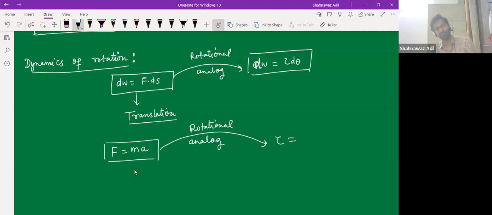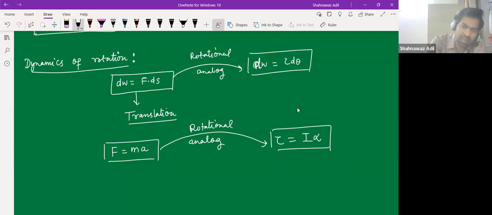Yes, the moment of inertia I. The rotational analog of acceleration is alpha. So this would be in force, right?